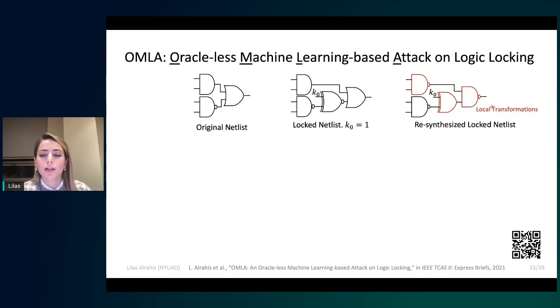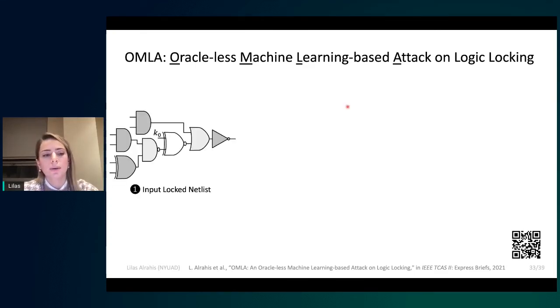These local transformations that happened in synthesis surrounding the key gate do capture the secret key bit value. So what we can simply do is take a locality around the key gate, represent it as a graph, encode it, and feed it to a machine learning model, and the model will be able to predict the key bit value based on the information it extracted from this locality.